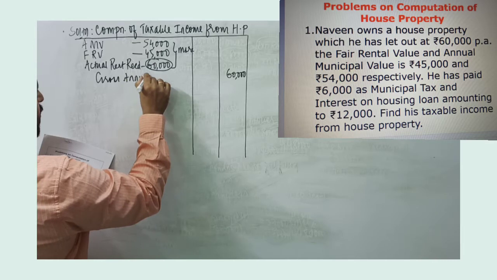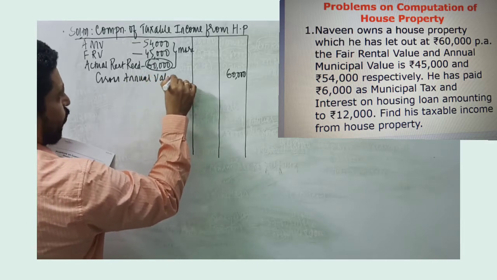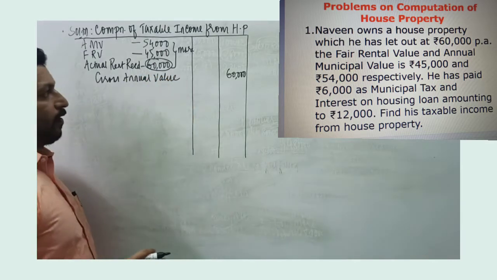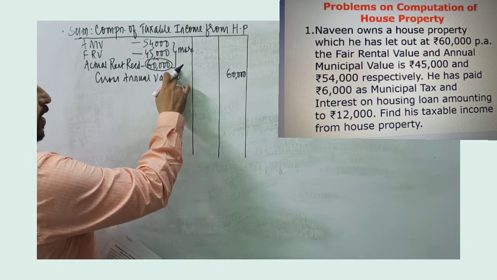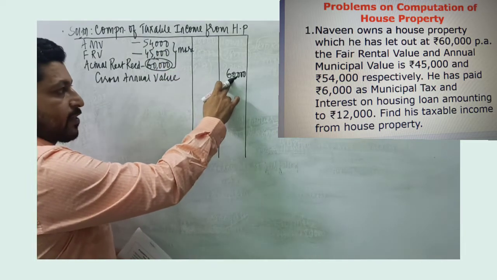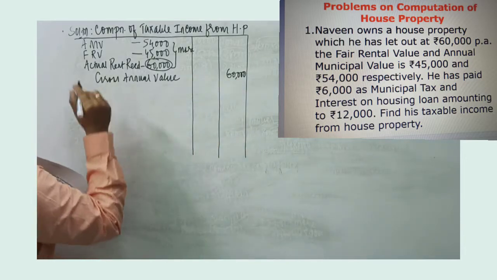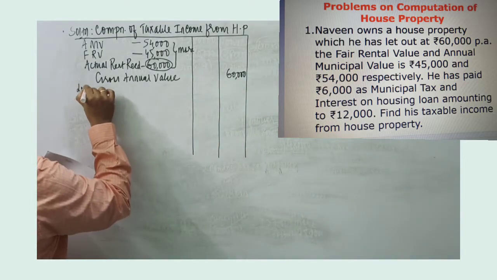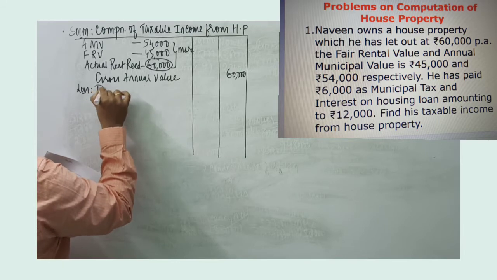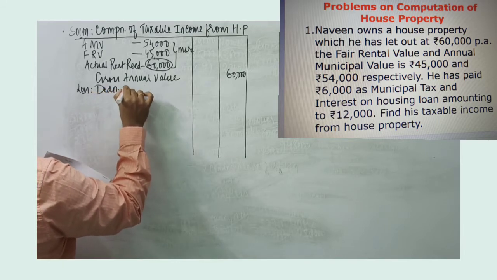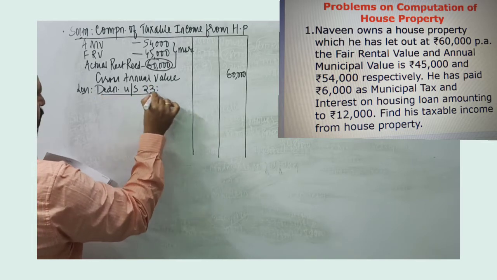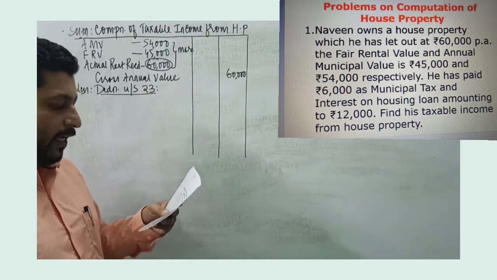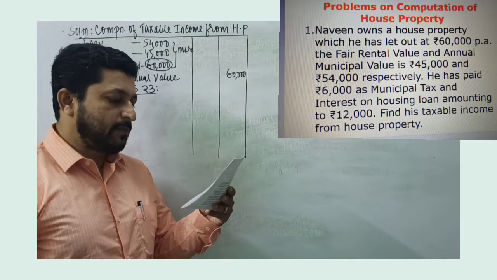We can show this entire thing in the working note as well. So this is the gross annual value. Among the three, whichever is higher will be taken as the gross annual value. From the gross annual value, we have deductions under section 23, and we know that we have only one deduction under section 23, that is for municipal tax paid by the owner.